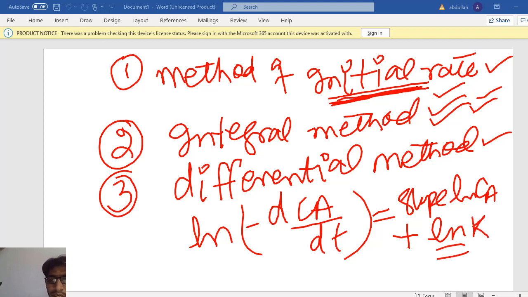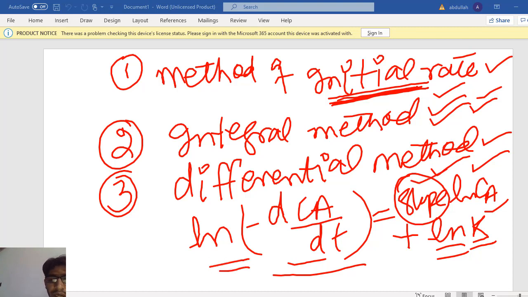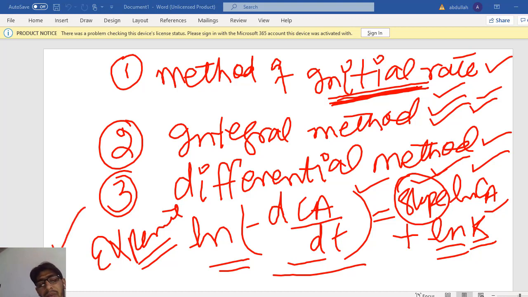We plot ln of minus dCA by dt against ln CA, and from the slope we obtain the order of reaction and the rate constant. Remember, these rate constants and orders are all obtained from lab experiments. So one is the initial rate method, another is the integral method, and the third is the differential method.